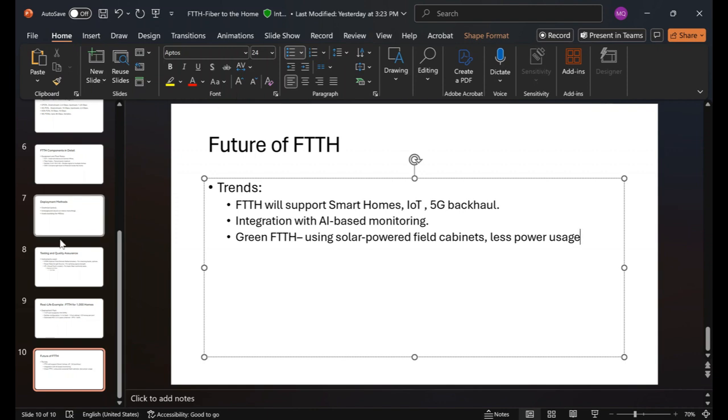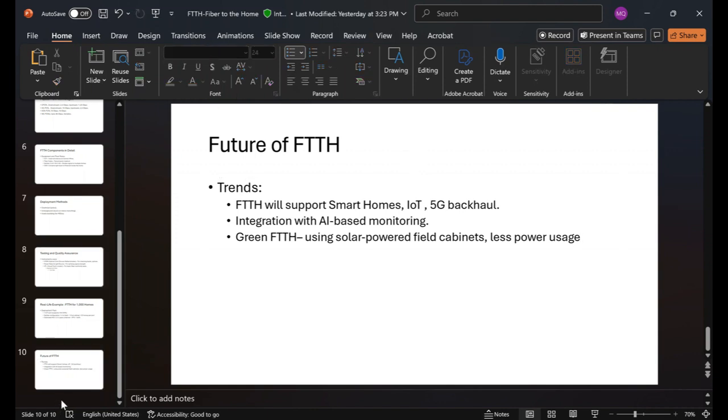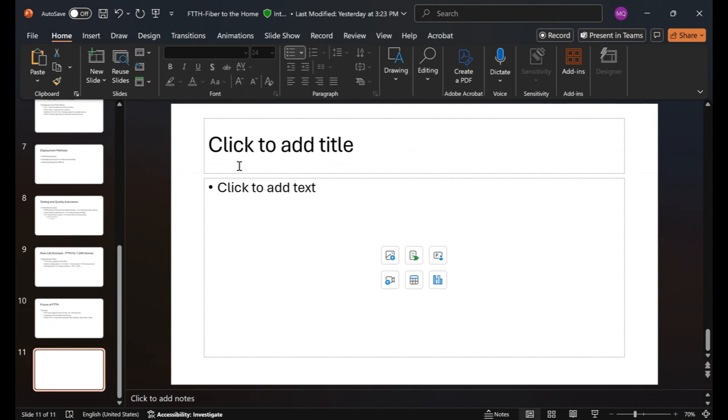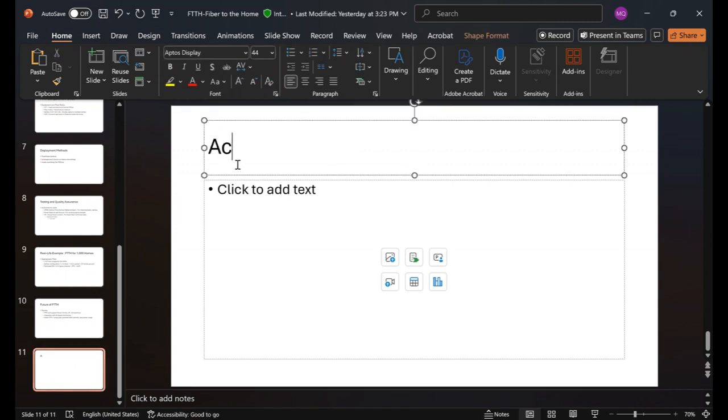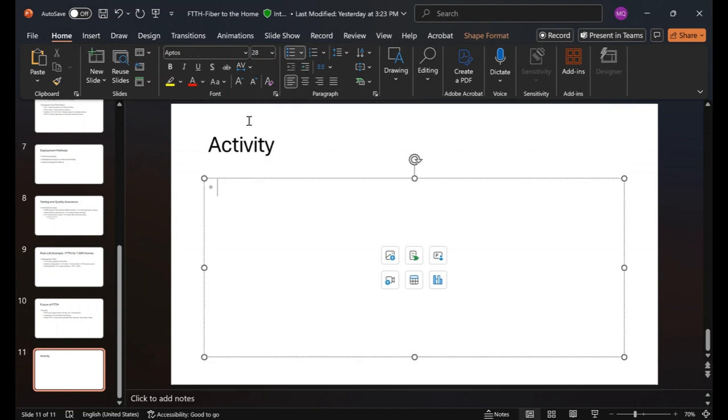So the scenario for you. So it's an activity. You are tasked with designing an FTTH layout for a new 500 housing society.